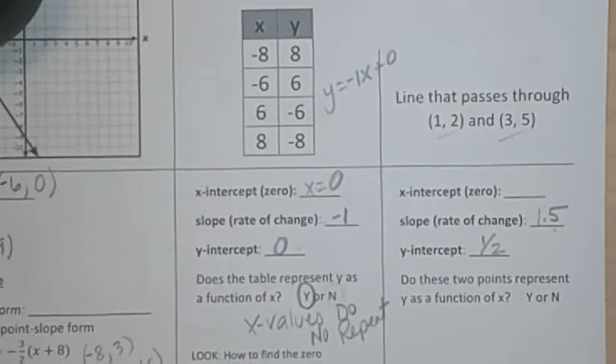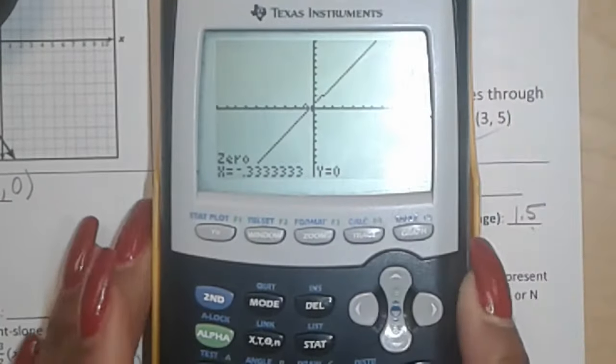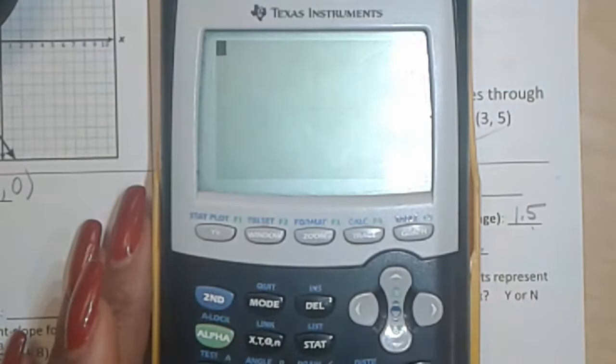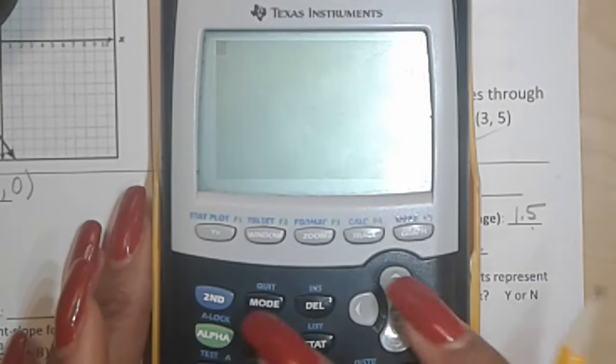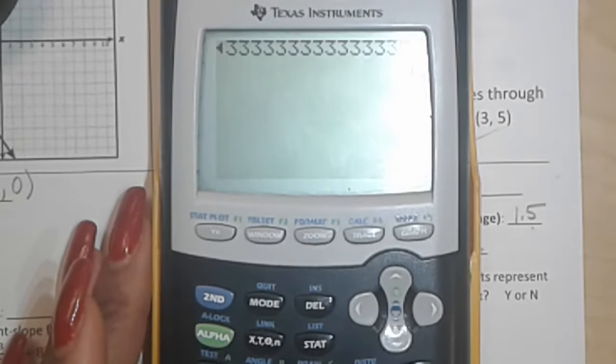On the last video, the last thing we were talking about was making sure that you understood how to get the fraction form of that decimal. So get out of the graphing screen by pressing second quit, and then we're going to type negative 1 divided by negative 0.333333333. You have to type more than 10 threes.